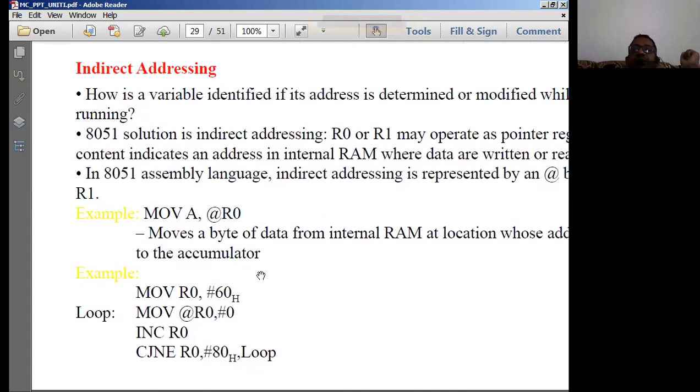That is the meaning of the @ operator. So the instruction I can use is MOV with @ here, MOV @R0, #0. The #0 is nothing but the immediate addressing mode, which we'll discuss just now after this slide.